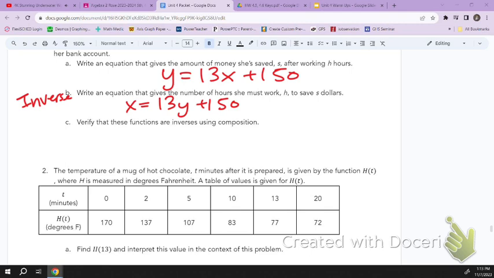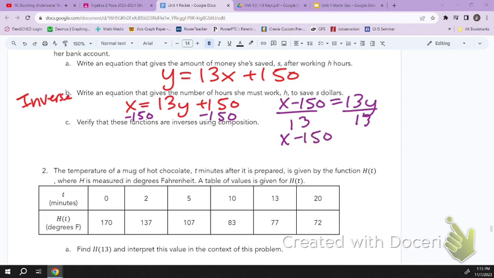And I'm going to now solve for y after I flip it. So how would I start getting y alone? Yep, subtract 150. Divide everything by 13, and it's going to be a little messy. It's going to be a fraction. And I'm going to label this y with a little negative 1.